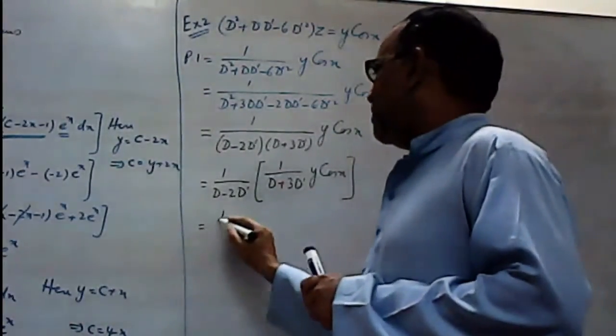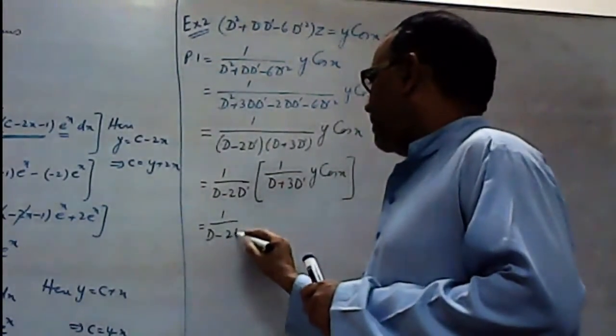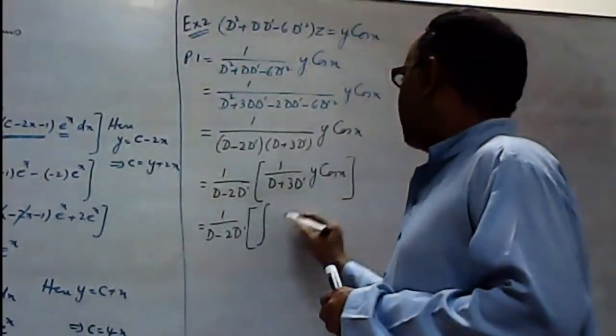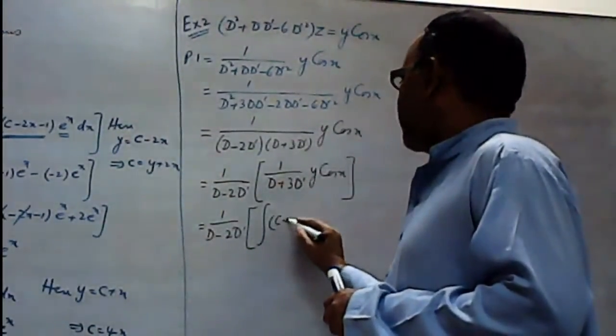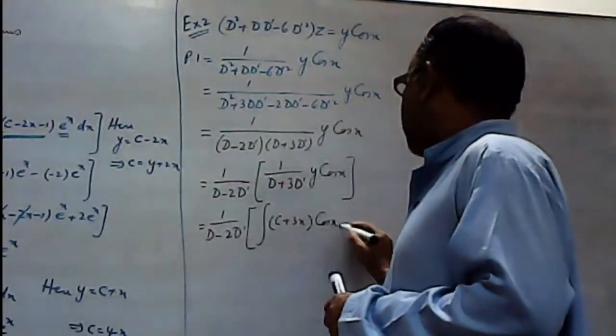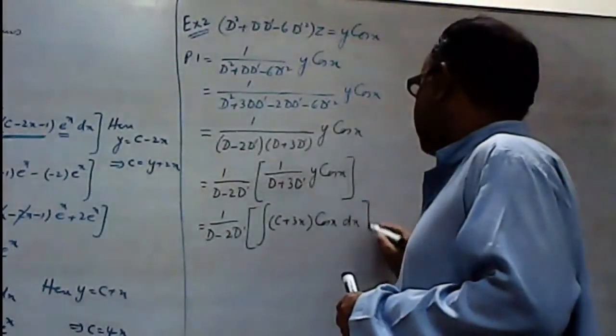It means by virtue of that formula, we will write the integral. In place of y, we will write c + 3x, and then cos x and then dx.